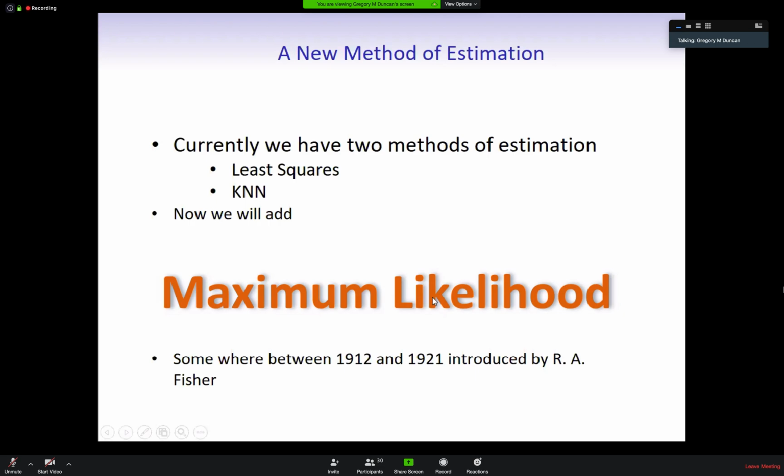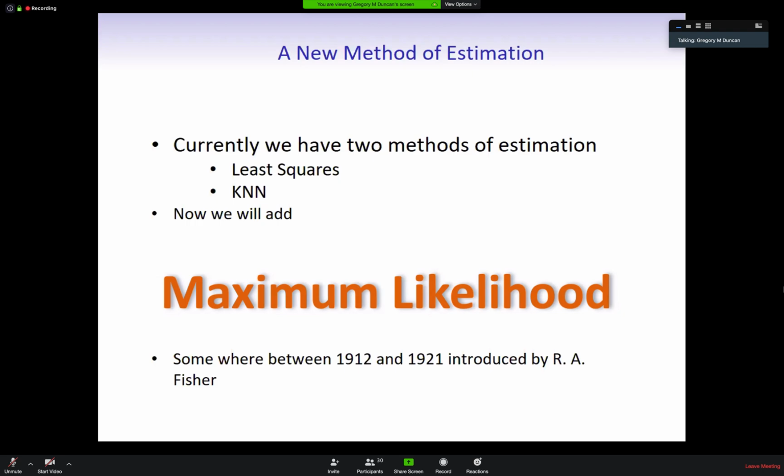We're going to add something called maximum likelihood, and this was introduced by R.A. Fisher, who's one of the fathers of statistics, somewhere between 1912 and 1921. The reason we say somewhere in there is he kind of changed his mind about what the basis of maximum likelihood was, oftentimes during that period.